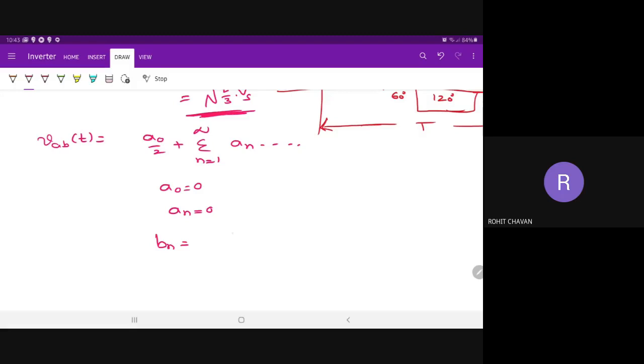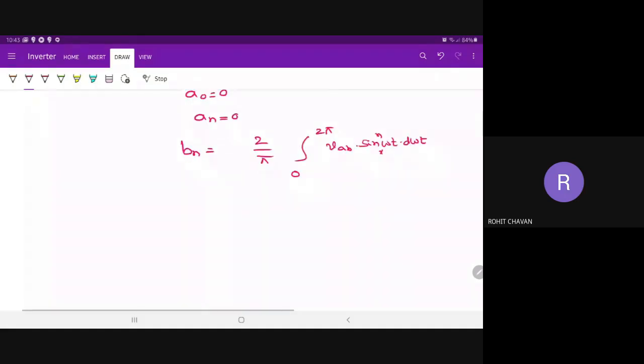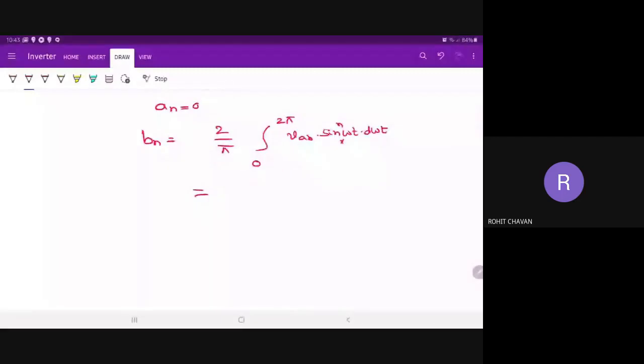It is 2 by pi into the integration of 0 to 2 pi of VAB into sine n omega t d omega t. By doing this, you will get 4Vs by n pi sine n pi by 2 into sine n pi by 3.